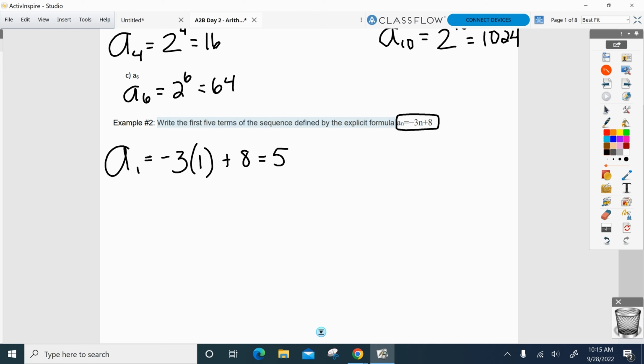Can you guys find the other 4 here? Because I need to find the first 5. So can you guys find 2, 3, 4, 5 for me?